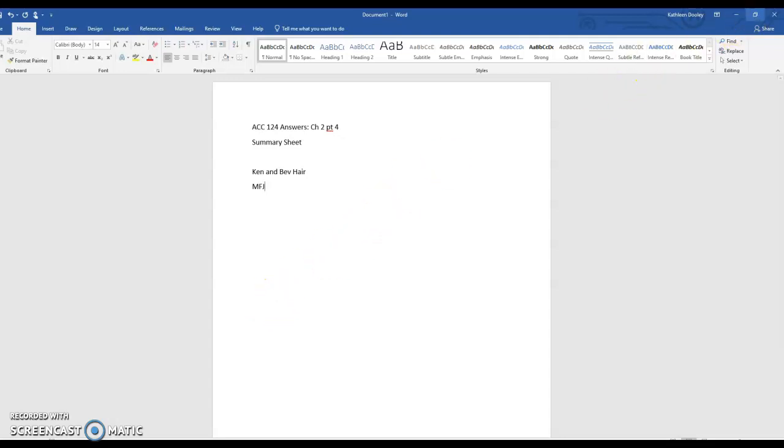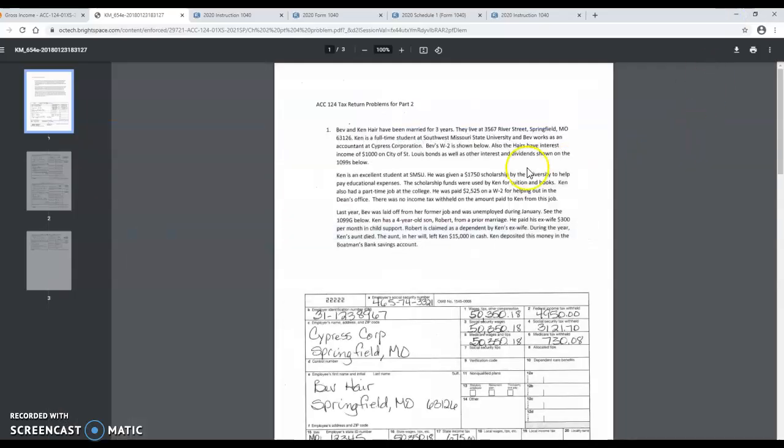So up here it doesn't say anything about any dependents. The second paragraph. Now in the third paragraph, we see that Ken has a 4-year-old son, Robert, from a prior marriage. Okay, he paid $300 in child support. Okay, but the child, Robert, is claimed as a dependent by Ken's ex-wife.